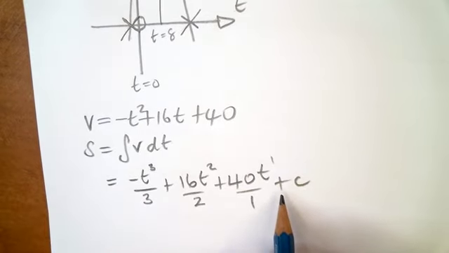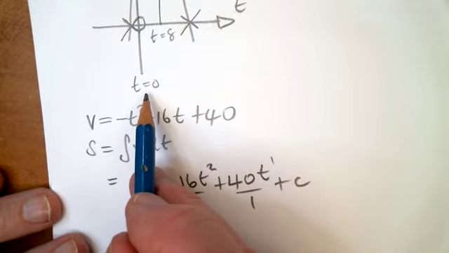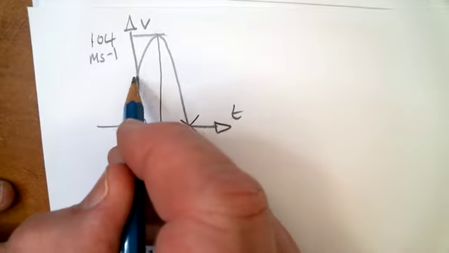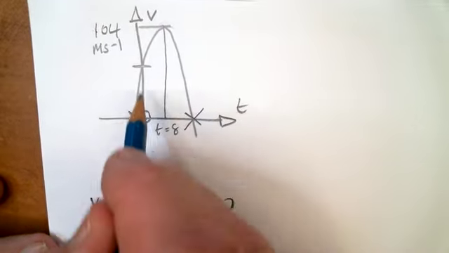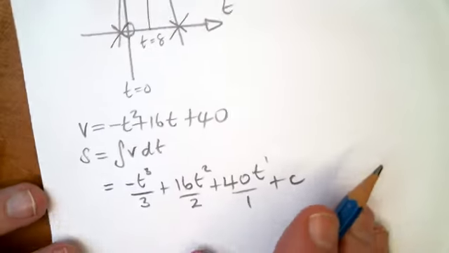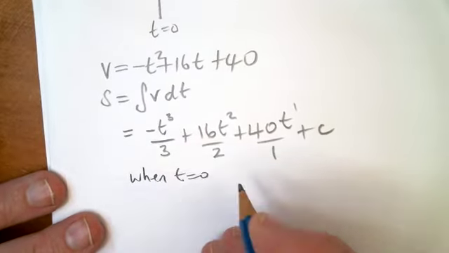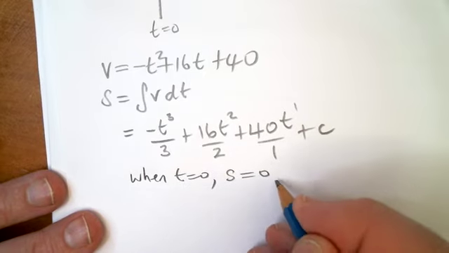Well, we know when t equals 0, it's also traveled 0 distance. So it's traveling at 40 kilometers per hour, but we're not interested in how far it's traveled before there. So as far as we're concerned, when t is equal to 0, s must equal 0.